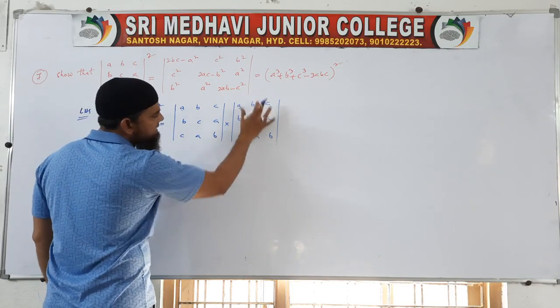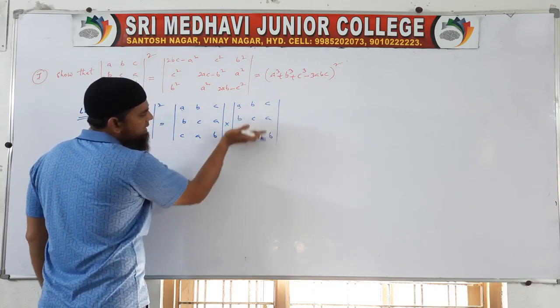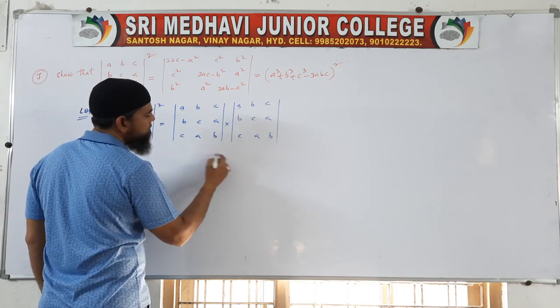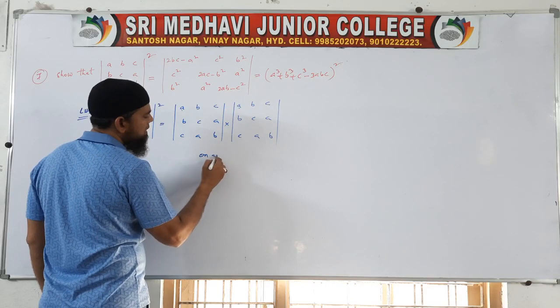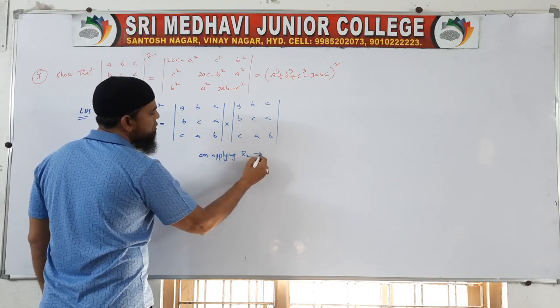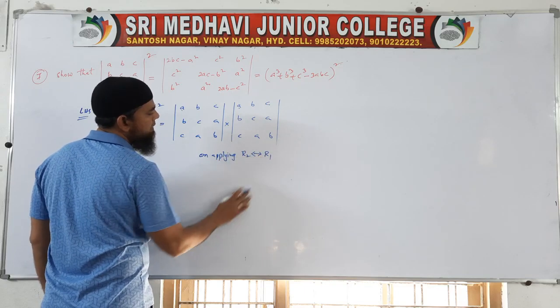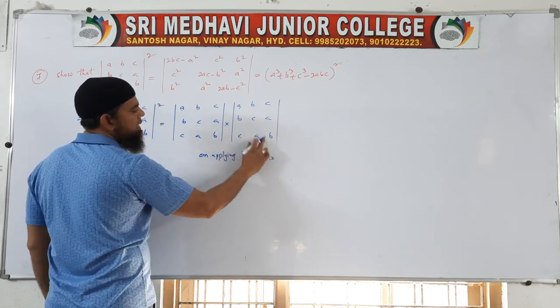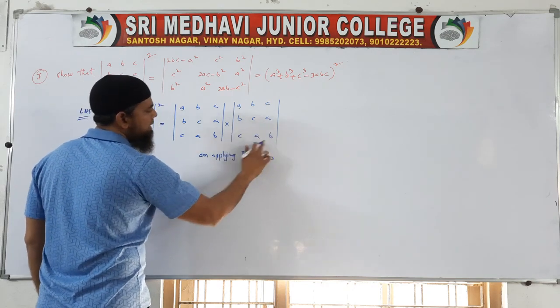So in the second determinant, we are interchanging R2 and R3. I am writing here, on applying R2 interchange R3. Meaning, R3 here we are writing, this one here we are writing.